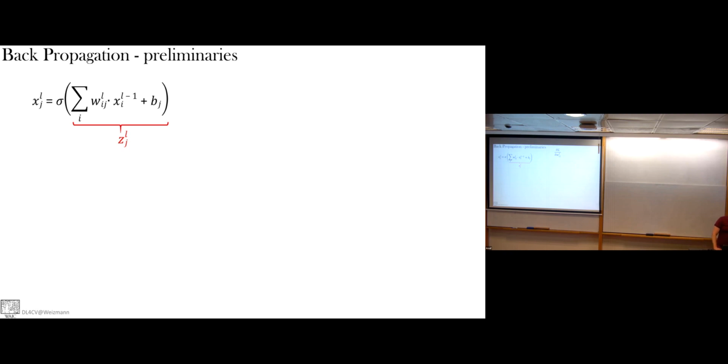And looking at the derivative of the loss with respect to some weight in the network, I'm going to use the chain rule that we've just seen, and I'm going to split it into a multiplication, to factorize it, maybe the better term. I need the derivative with respect to this weight in layer L, so I'm going to split it in two.